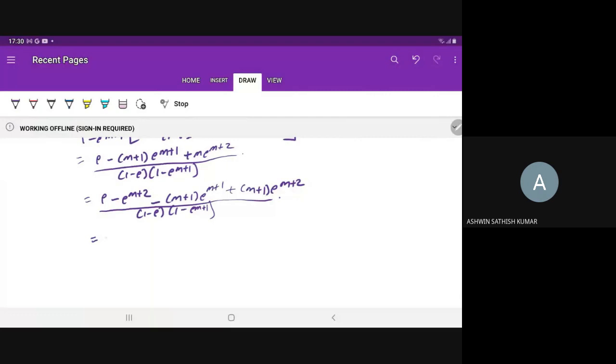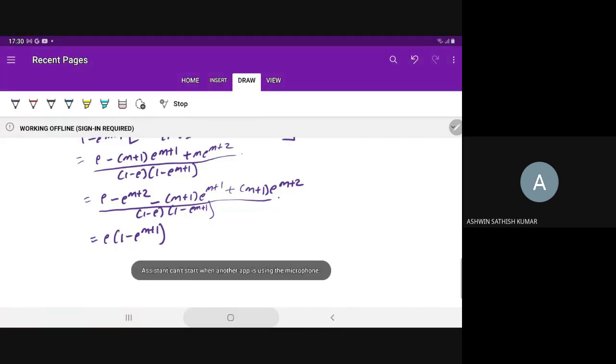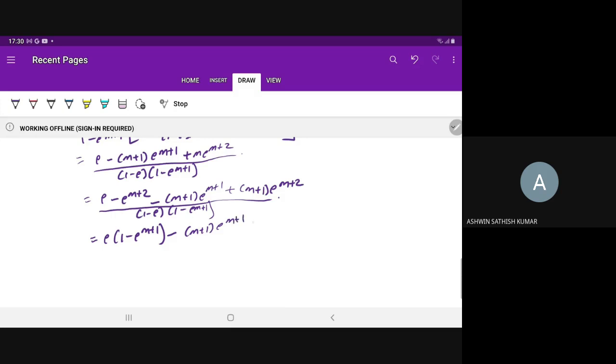So from the first two terms, if you take rho common, 1 minus rho to power m plus 1. And from the second two terms, if you take common m plus 1 rho to power m plus 1, inside we have 1 minus rho, all upon 1 minus rho into 1 minus rho to power m plus 1.